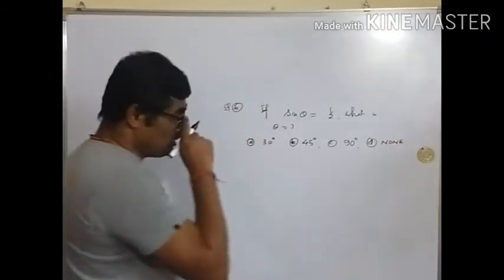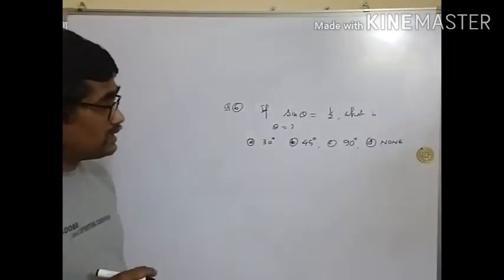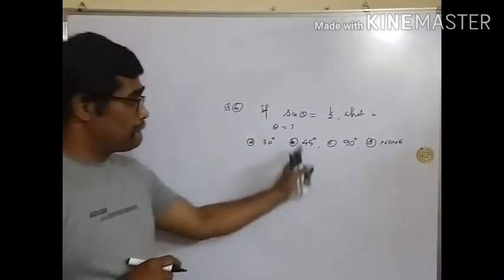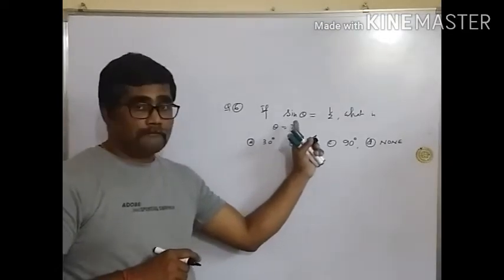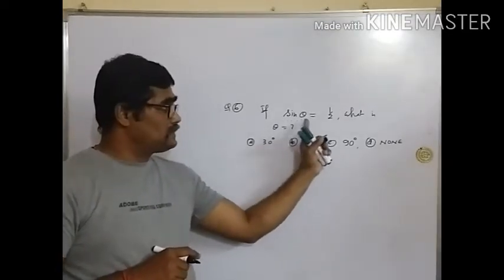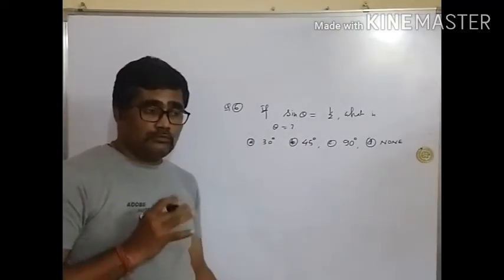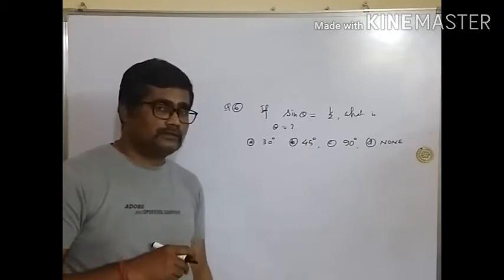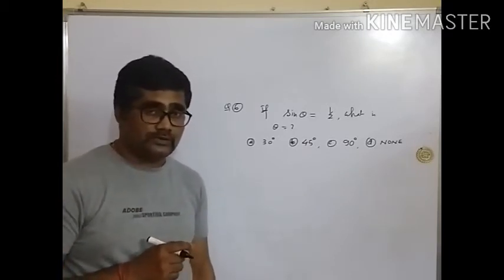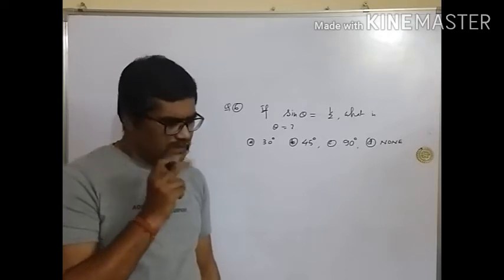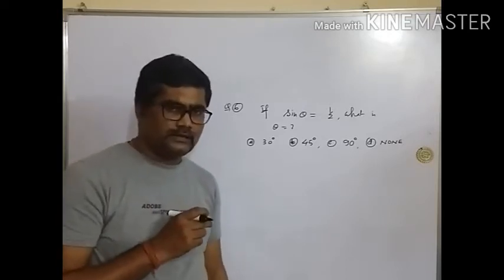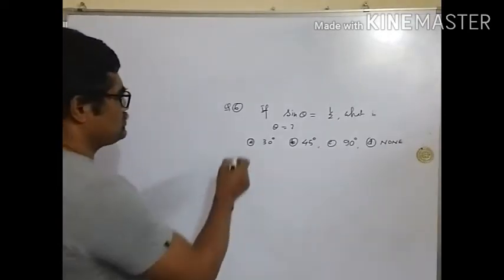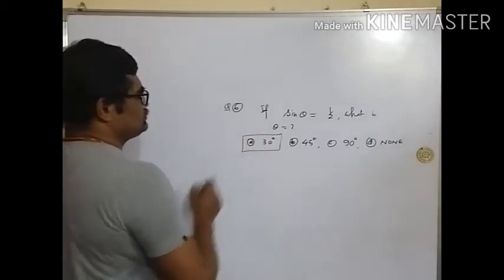Now here though you need not think anything because this is directly from the table. Okay, sin theta is half means for what angle theta becomes half? For sin ratio, if you see the table, sin 30 degree, right? So very readily your option will be A.